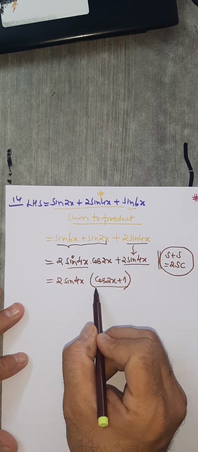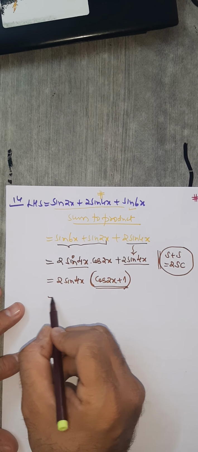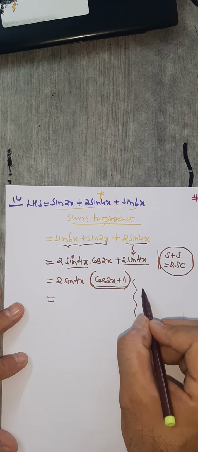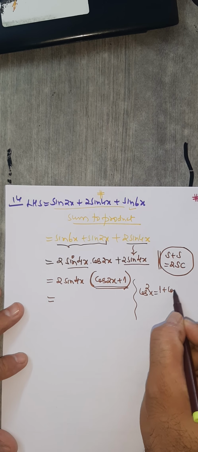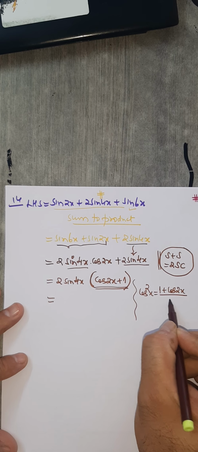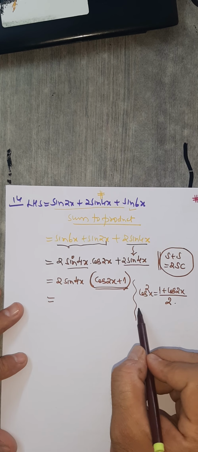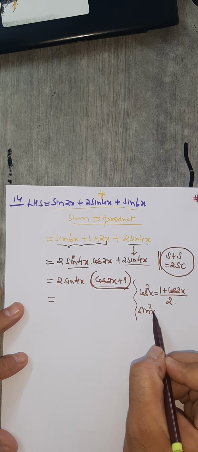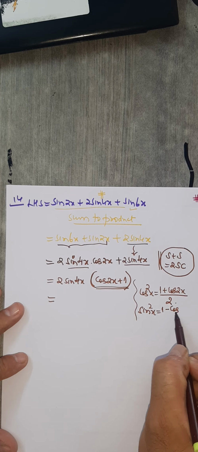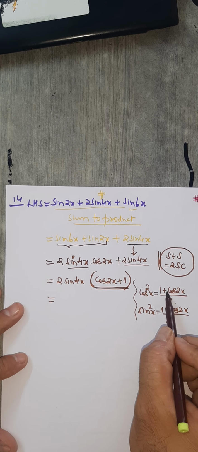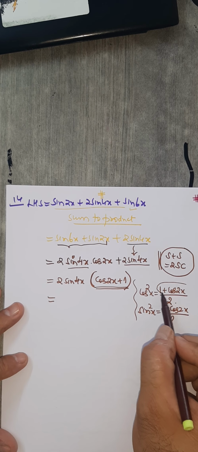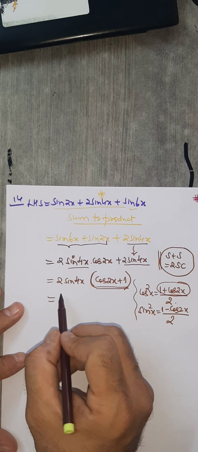If you remember, now this is also one of the known formulas, the double angle formulas. Cos square x equals 1 plus cosine 2x the whole by 2, if you just recall. And what was sine square x? Last session's formula: 1 minus cos 2x whole by 2. Right? Sine square then minus, cos square then plus. I'll just put the value of this, that is 2 cos square x.